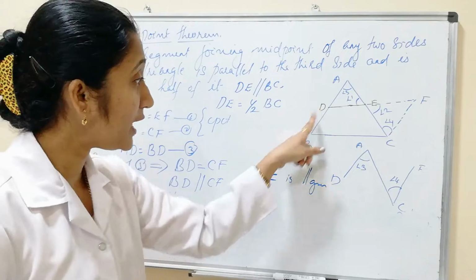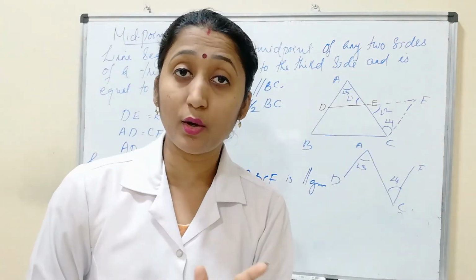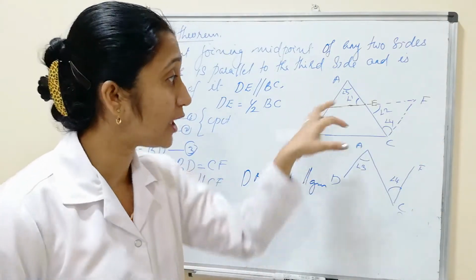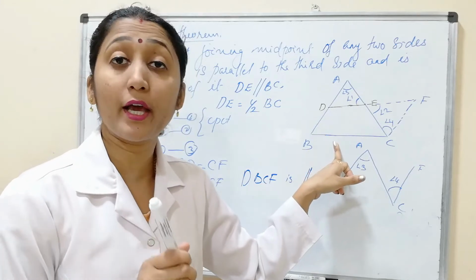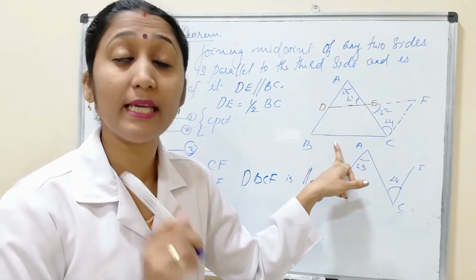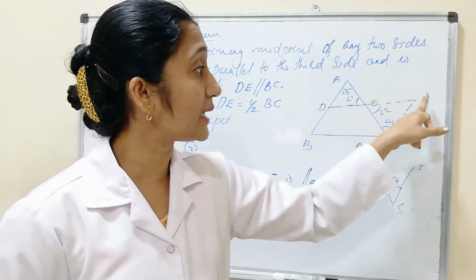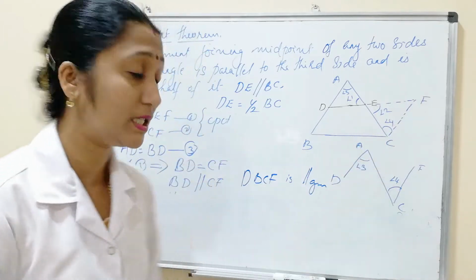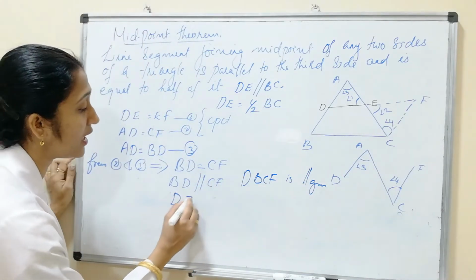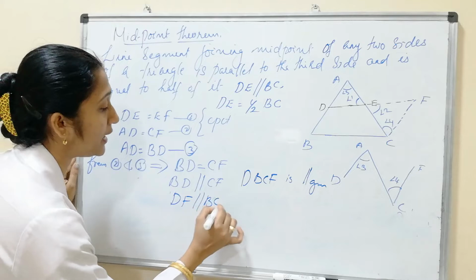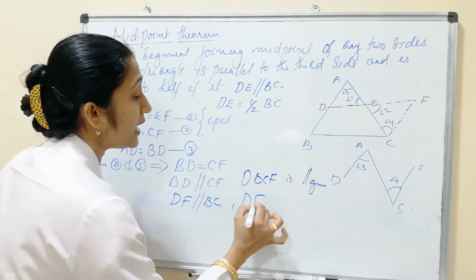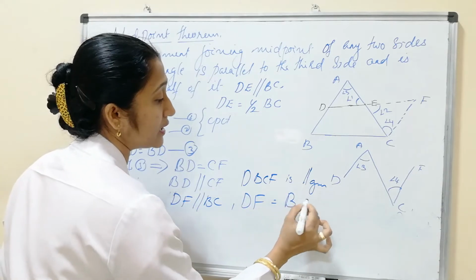If DBCF is a parallelogram, then the other pair of opposite sides are also equal and parallel. So what is the other pair? DF and BC. So we can write DF is parallel to BC and DF is equal to BC.